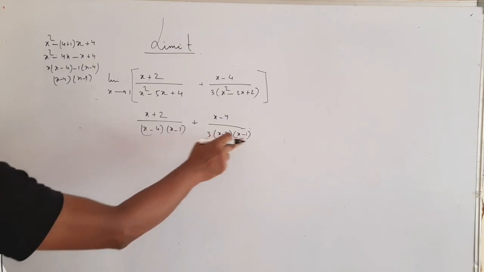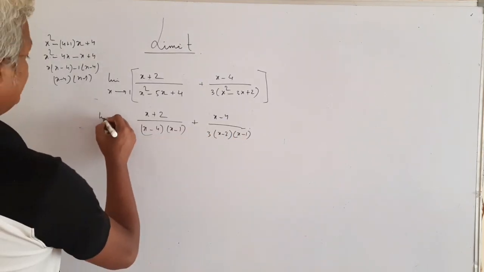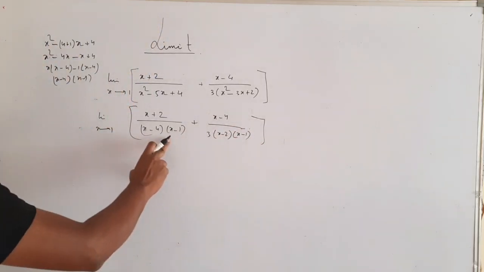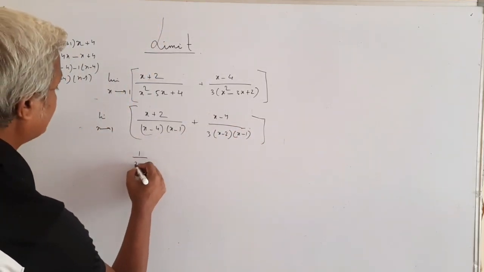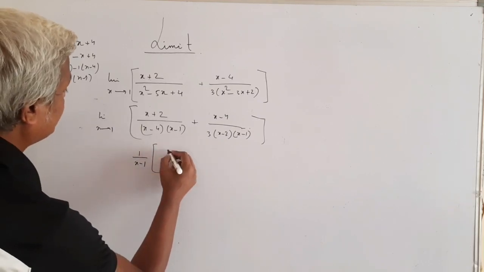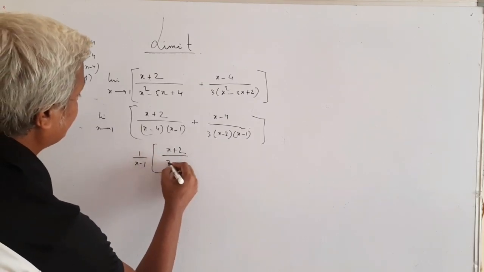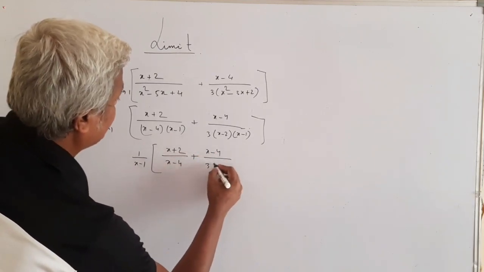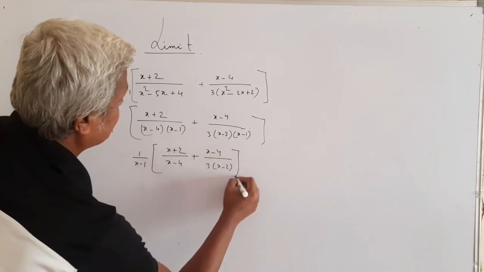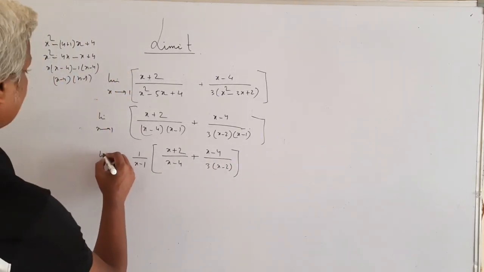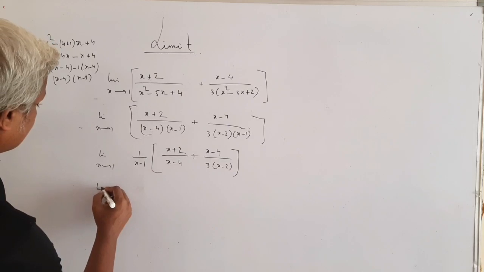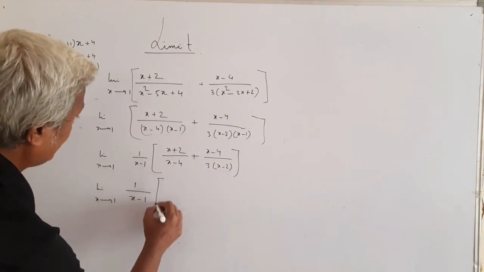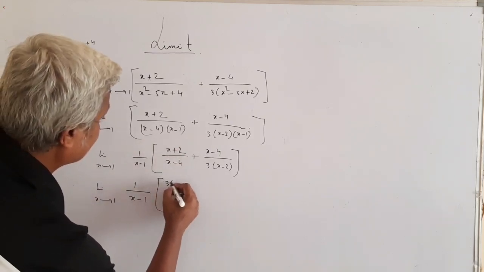Now you see x minus 1 is common to both, so first I write limit x tends to 1 like this, and then I take 1 over x minus 1 common, then I get x plus 2 over x minus 4 plus x minus 4 over 3 times x minus 2. Now I take the LCM.